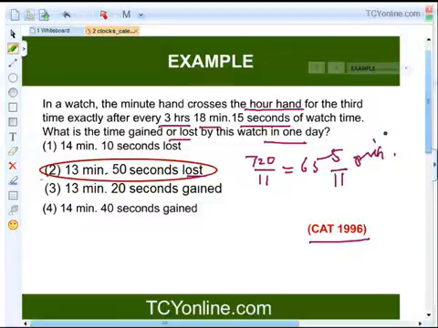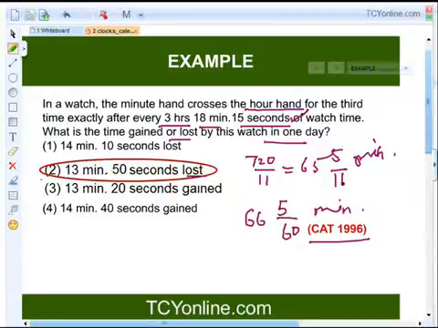Now in this watch, it takes place after 3 hours 18 minutes 15 seconds divided by 3. So that gives us 1 hour 6 minutes and 5 seconds, or you can say 66 5/60 minutes of the watch time. Now this watch takes a longer time to accomplish the task as compared to a correctly running watch.